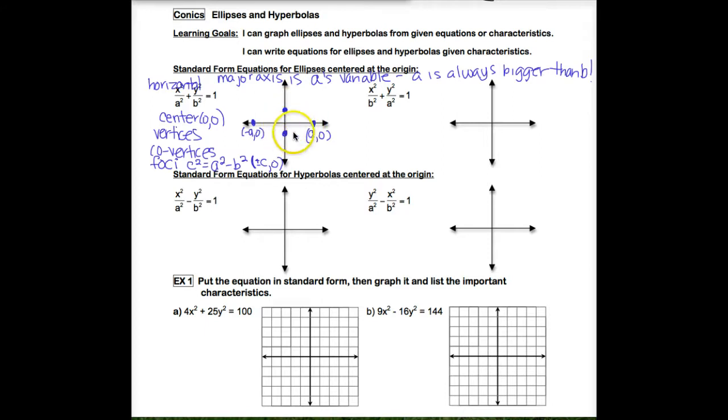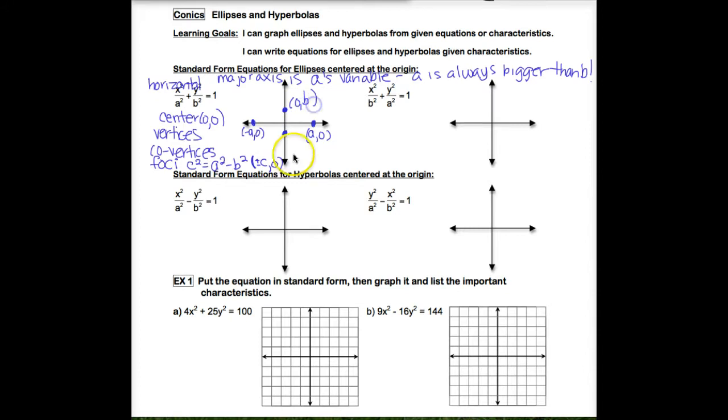Now they might be close, but because a squared is bigger than b squared, a is going to be farther away. So this is our minor axis, and we're going to make these 0, b, and 0, opposite of b. So this ellipse is horizontal. The foci are always on your major axis, so wherever c ends up being, this would be opposite of c, 0, and equally spaced, this would be c, 0.